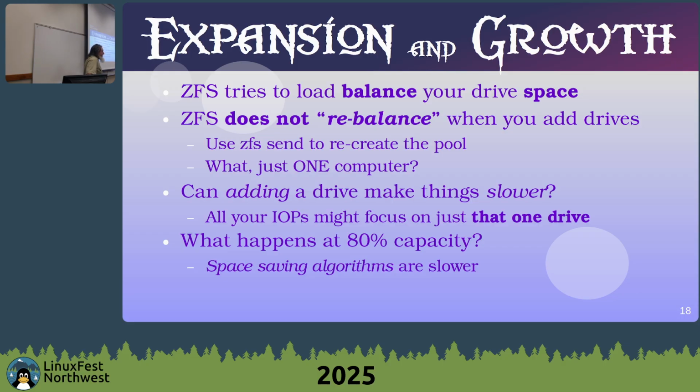But that's adjacent to the point: if you do add a drive or a VDEV, ZFS likes to try and fill all the drives equitably, so that you have equal time retrieving from across your pool. If you add a VDEV, or if you're just running in stripe mode, then adding another blank drive, ZFS is going to spend all of its time trying to usage level everything that used to be, say, 80.